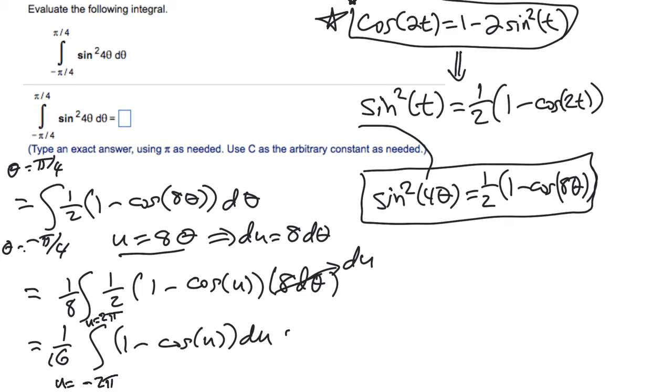So fundamental theorem of calculus says the antiderivative of 1 is u, antiderivative of cosine is sine, and I need to evaluate that between minus 2 pi and 2 pi. Well, I do have a 1/16 still, sorry.